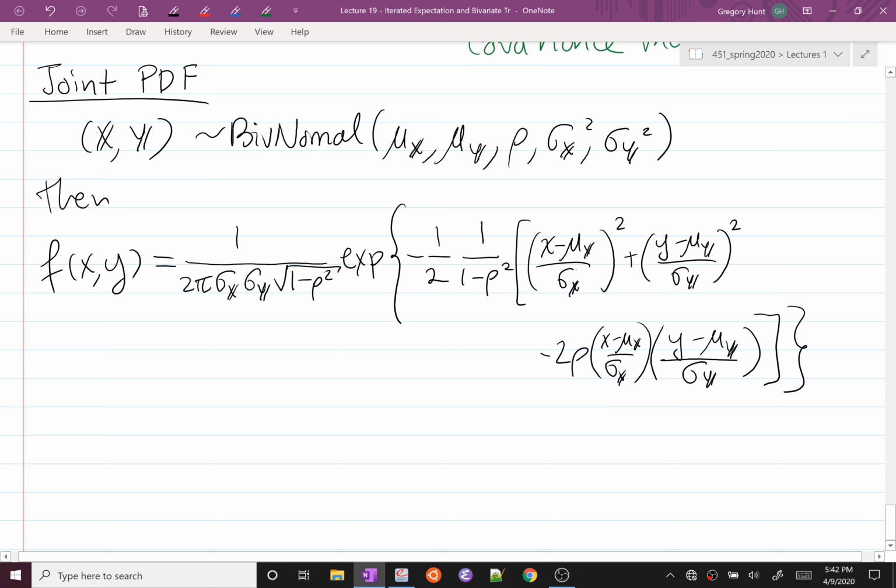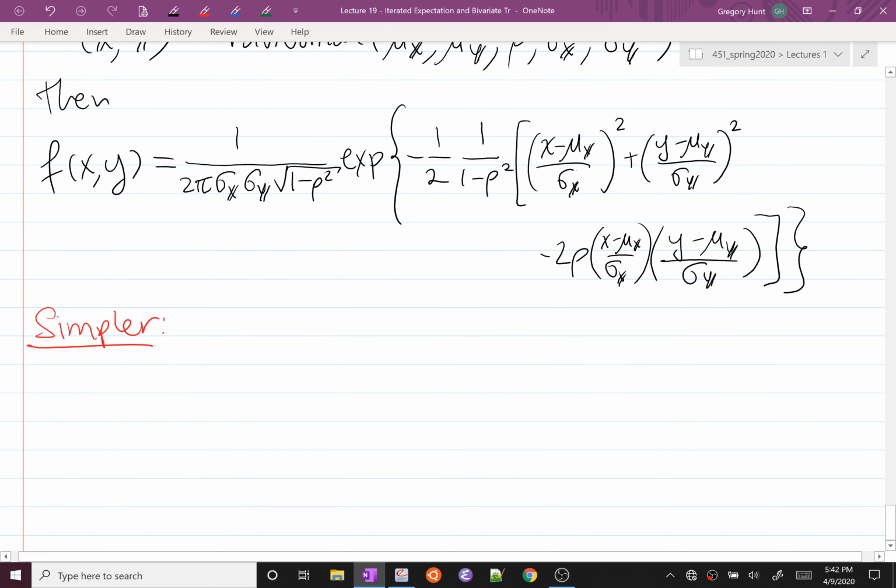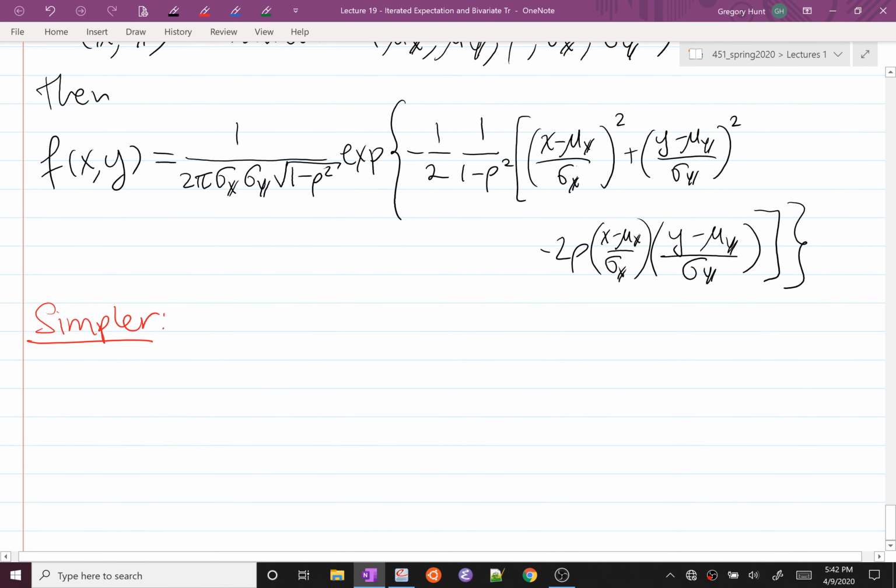You can see it looks a bit like the univariate normal. It has a 2 pi, and has the variances in similar-ish places. This is one way of writing it. This is the way it would be presented if you don't know anything about linear algebra.